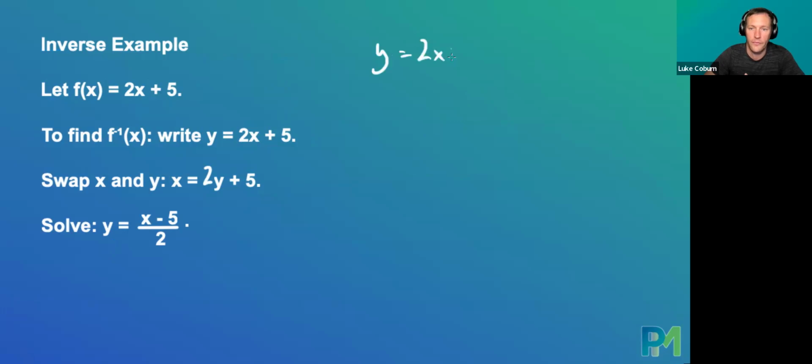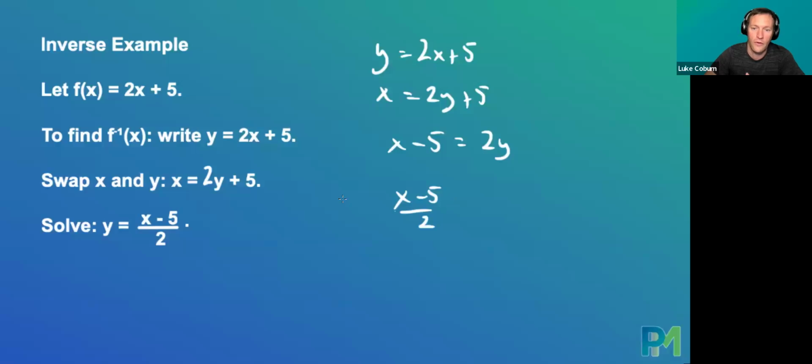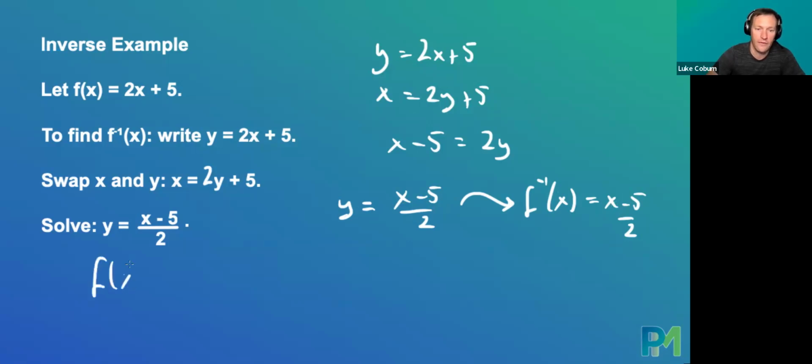So you write down this here, and then you swap the x and y, and then you can solve that x minus 5 is equal to 2y, and that means that x minus 5 over 2 is equal to y. Okay, so that's that trick. And then from here, you can write down that f inverse of x is equal to x minus 5 over 2. So we have then that f of x is 2x plus 5. We have f inverse of x is equal to x minus 5 over 2.